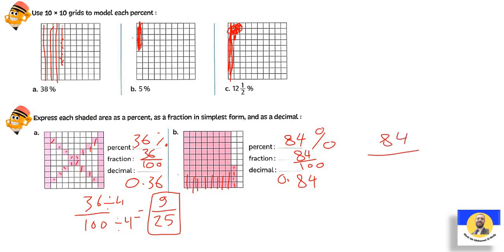If we do it divided by 4 up and down like that, so it will be 84 divided by 4 it's 21 and 100 divided by 4 it's 25, so it will be 21 over 25.